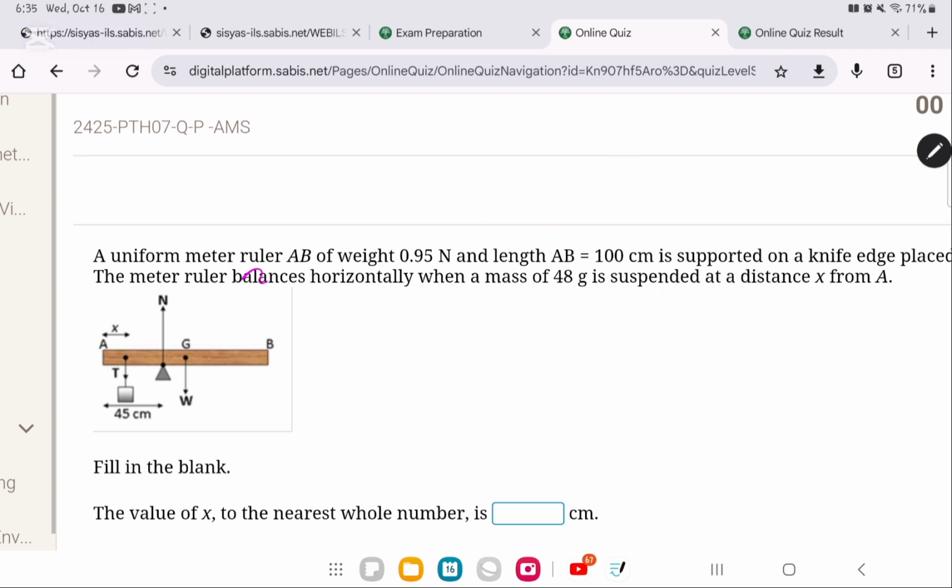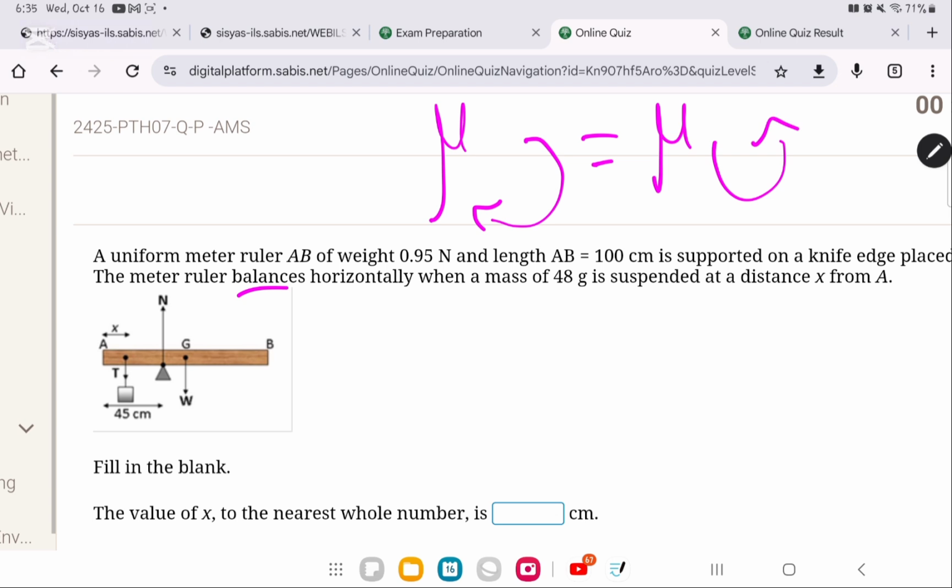They told us it balances. Balances means that the moment going clockwise is equal to the moment going counterclockwise. But I'm gonna change it a little bit, only in this case. In previous cases, we had only two forces going downwards. We did not consider the one going upward.